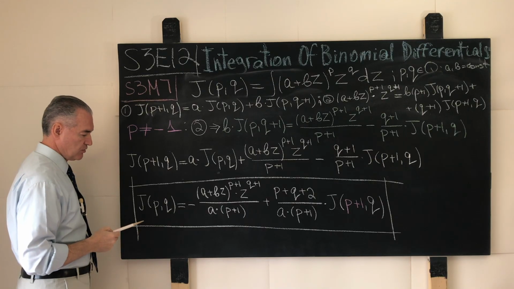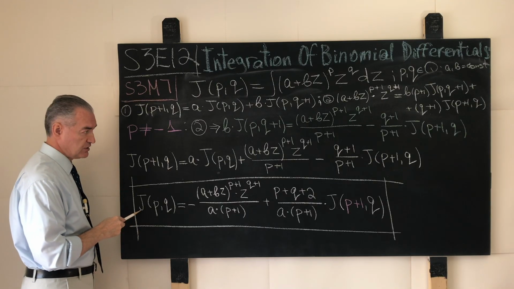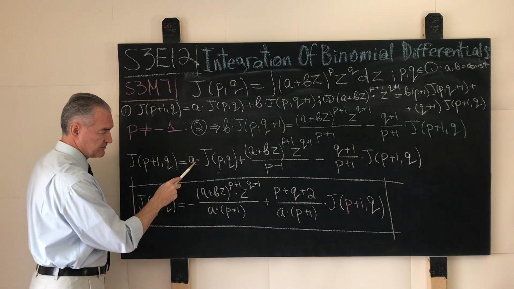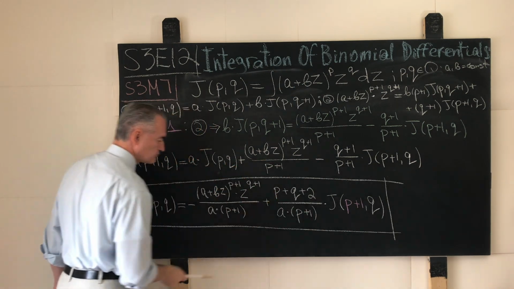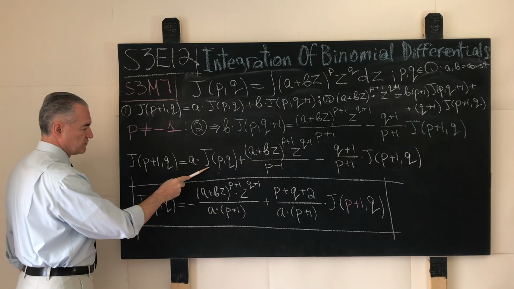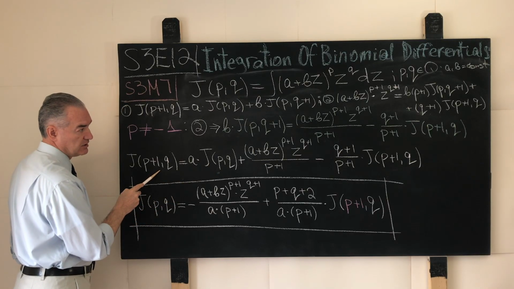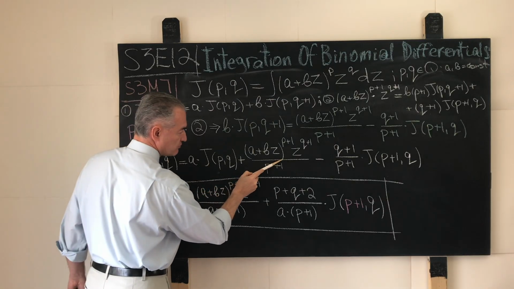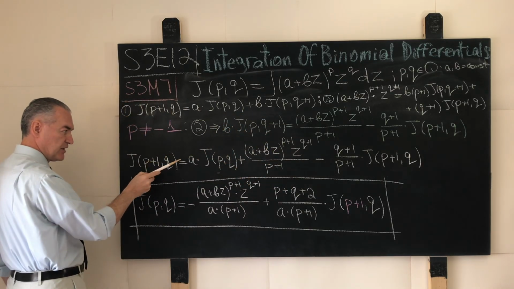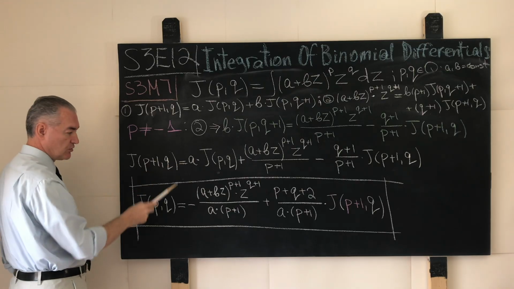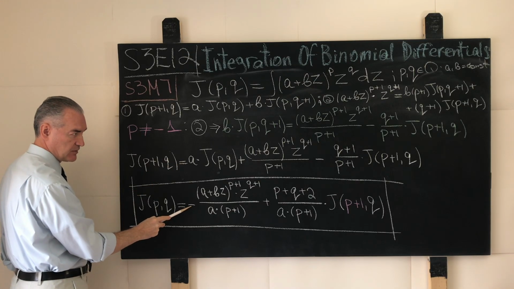Nothing complicated going on. So we write down the expression over here. Remember, this integral has the factor of a in front of it, so we will be dividing everything by a. And what do we have? Well, the first term that we can write down right away is this. Carried over to the left-hand side of the equal sign, it will be what? With the minus sign. Don't forget the minus sign.